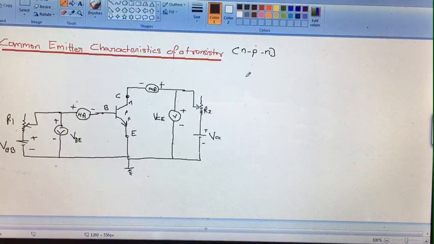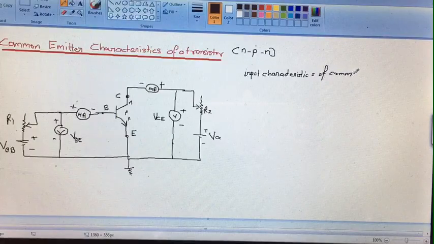we are going to discuss the input characteristic of common emitter configuration.